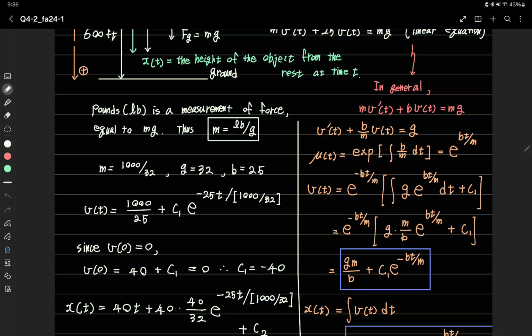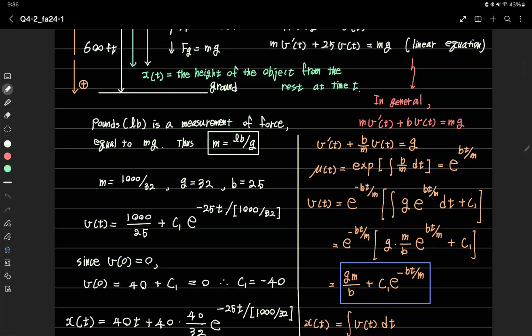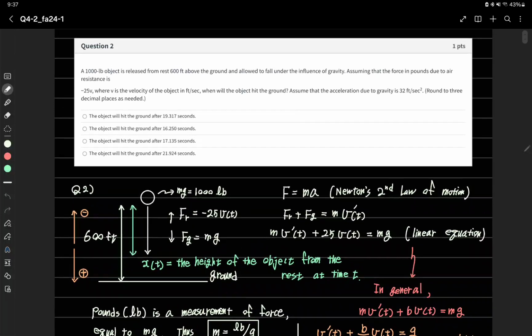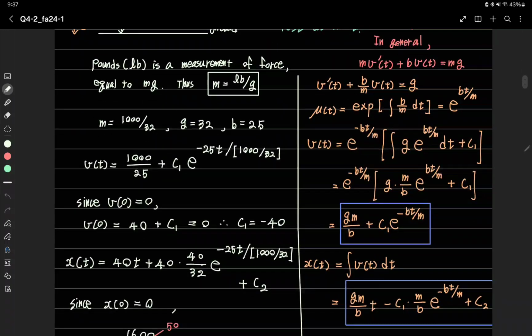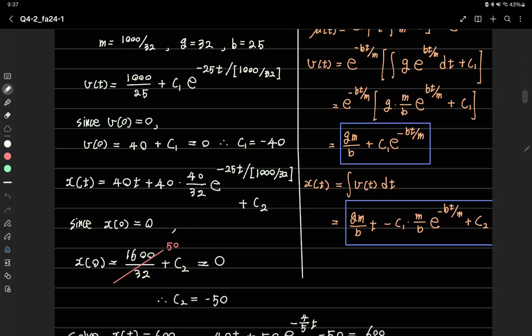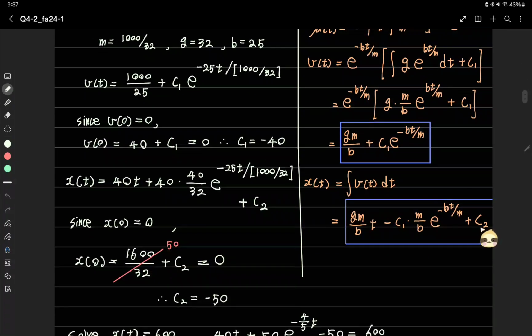Now using the initial condition: initially the object was still, which means the initial velocity must be 0. Using v of 0 equals 0, we can figure out c sub 1, which is negative 40.